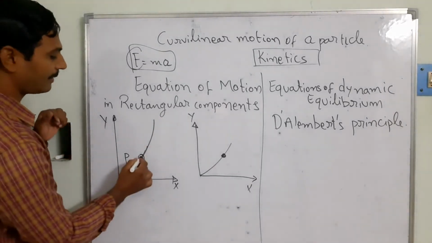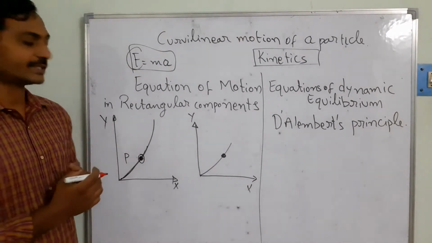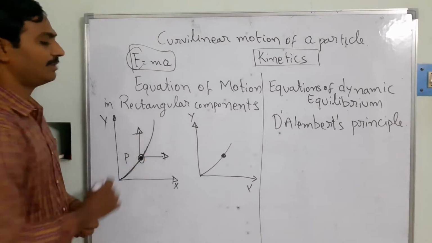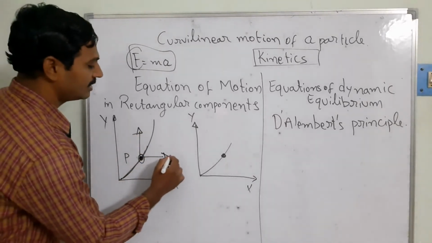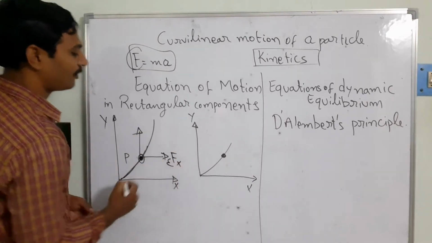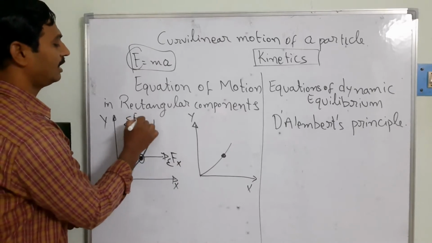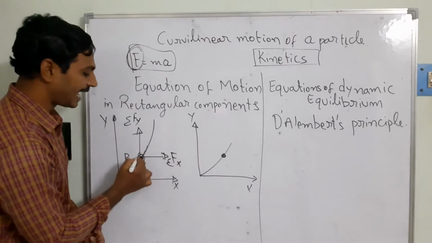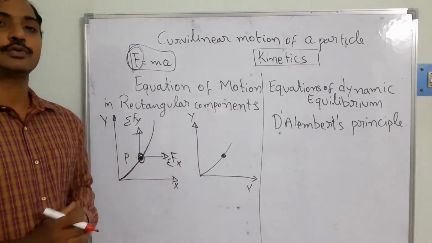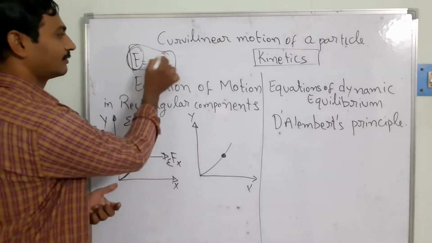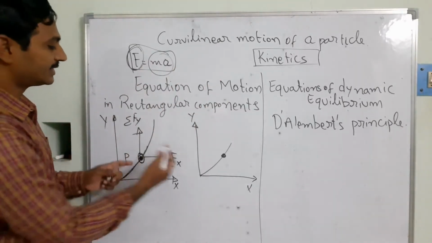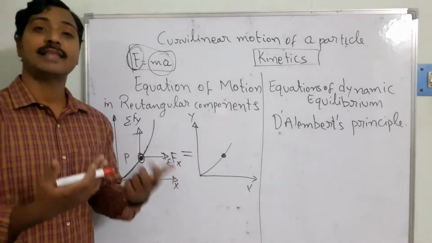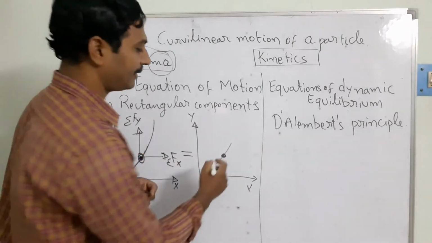So I am resolving the resultant force, one in this direction and another in this direction. That gives sigma Fx, and sigma Fy I am going to take. These are the system of forces acting on this member, and that is equal to the mass into acceleration. The same I am going to take, that is equal to the mass times the acceleration in the direction of the force I am taking.